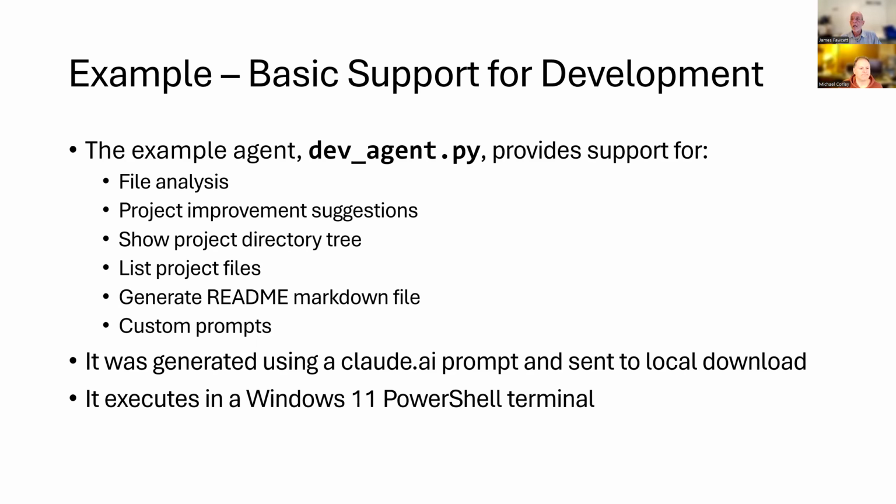I said, develop an agent that supports local software development, and it generated this. Now, I could have done a secondary prompt and asked it to add more functionality or remove functionality that I didn't want. In this case, it looked fine for the example that I wanted to use, and so I just ran with it. So it's generated using a Claude AI prompt.